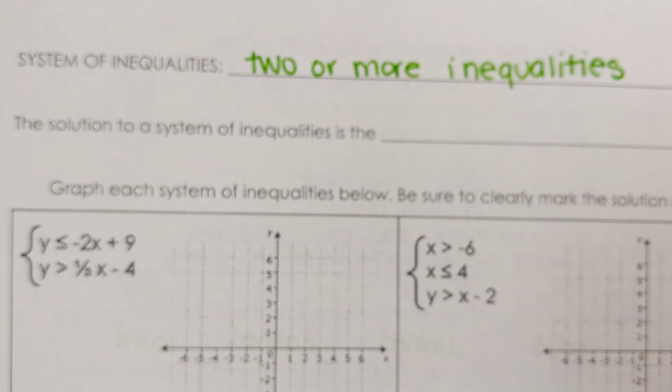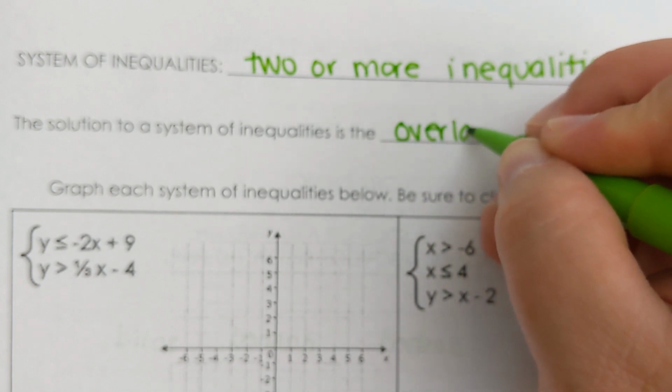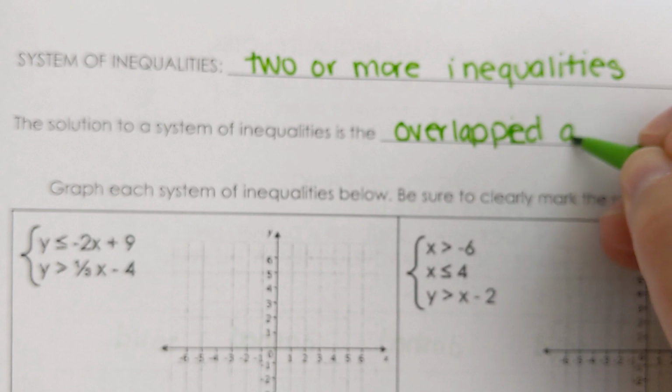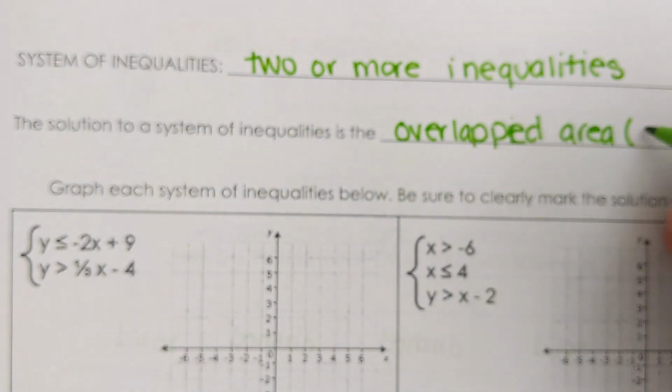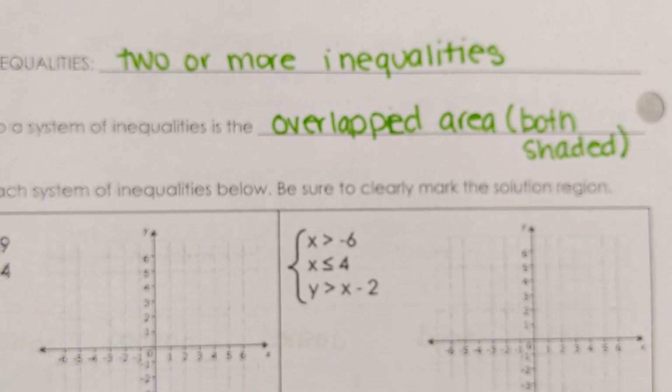And the solution is the overlapped area where both are shaded. Okay, so all that's going to happen is we're going to graph both of them and then look and see where they are both shaded, and that's going to be our final solution.